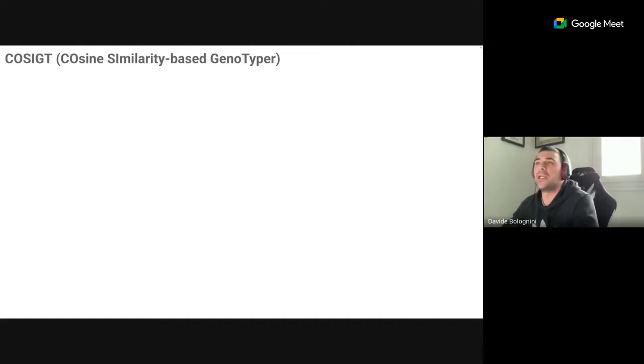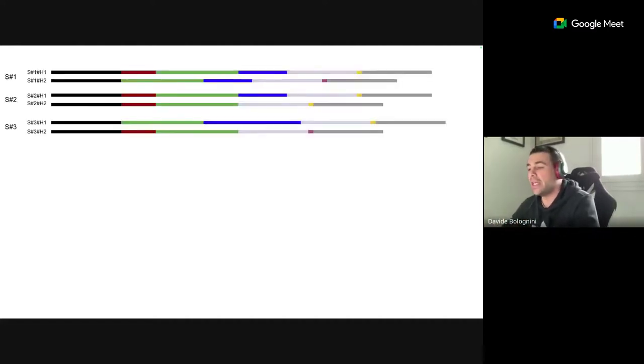So let's try and build a graph from these three samples here. We have six sequences, right? This can be considered a pangenome itself, because pangenomes are basically just a collection of sequences, but we can use these sequences to build a variation graph.